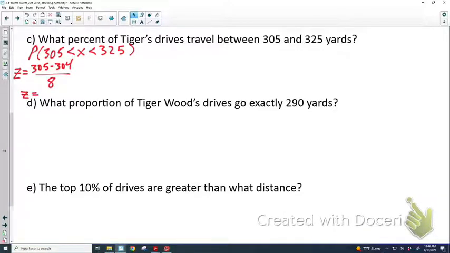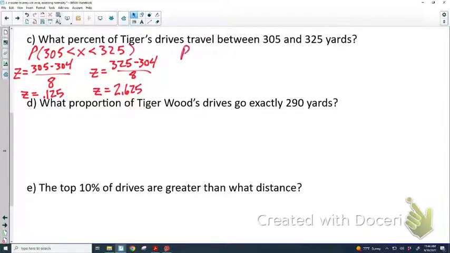And I get 0.125 and another z-score, and I get 2.625.